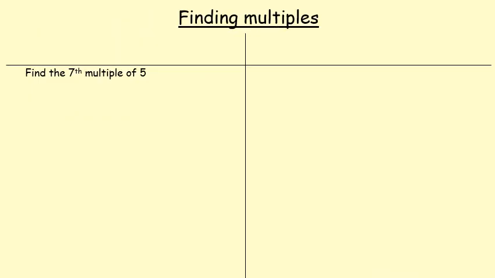Okay, so the next thing we need to go through is finding multiples. If we had a question like this on the left, find the 7th multiple of 5, all that means is, remember multiples are our times tables, we want to find out what 7 times 5 is. 7 times 5 is 35, very straightforward.